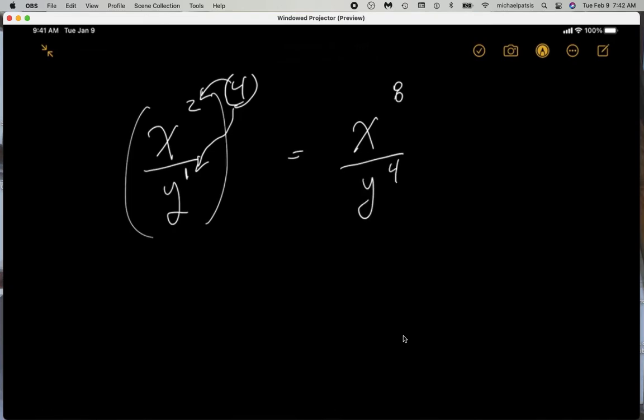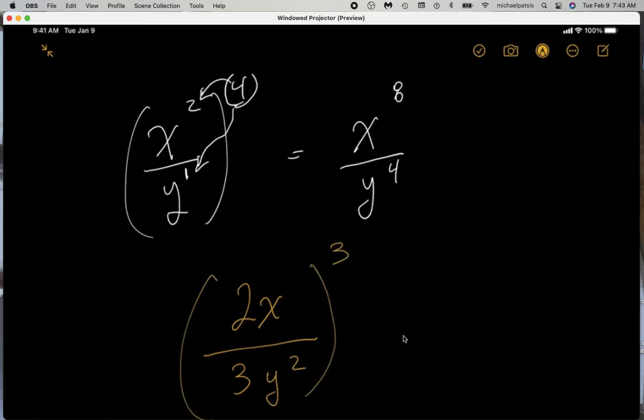And sometimes you'll have a combination situation. What do I mean by that? That means when you have a numerator with 2 factors and a denominator with 2 factors or more. Okay?